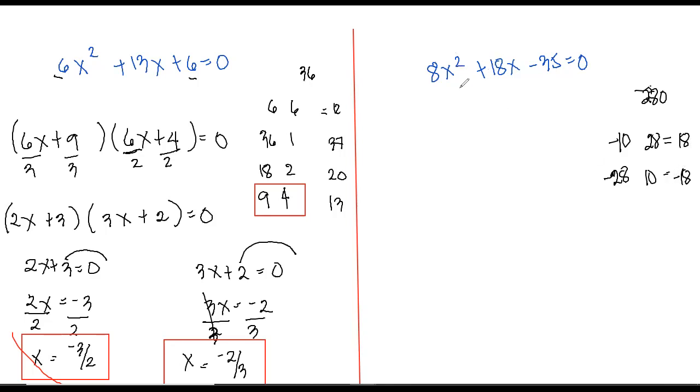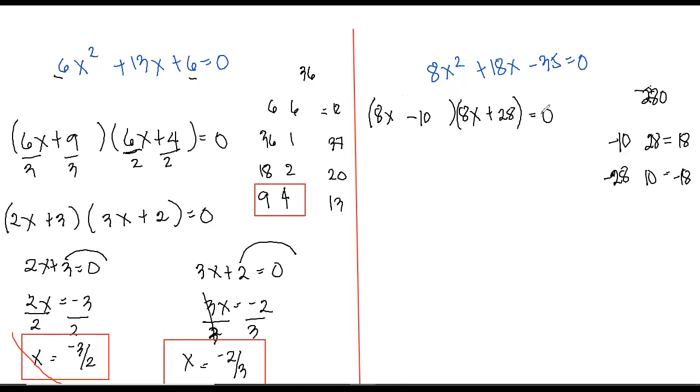But before that, like what we did in the first examples, don't forget to write the first term, 8x squared. Leave the 2 for now. We put negative 10 here, then positive 28, equal to 0.